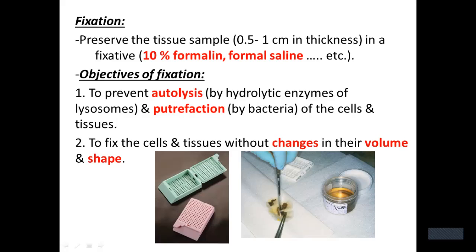This type of tissue is soft, so the fixative acts as a hardening agent. This is the main function of the fixation, which is a very, very important step in the histological technique. If this step is not done to the tissue, the sample undergoes autolysis, putrefaction and destruction. For this, the fixation must be done to the tissue.